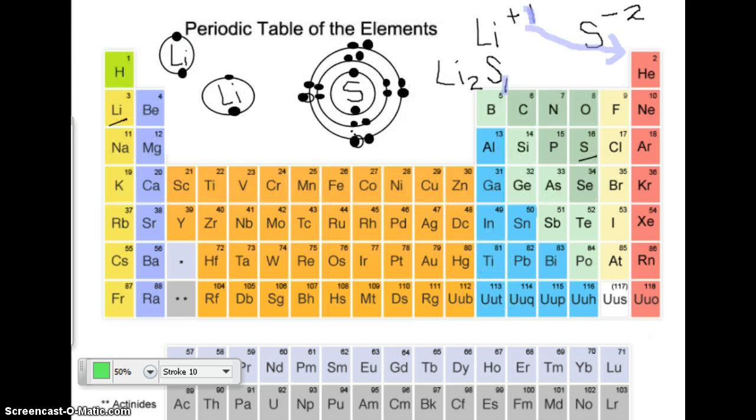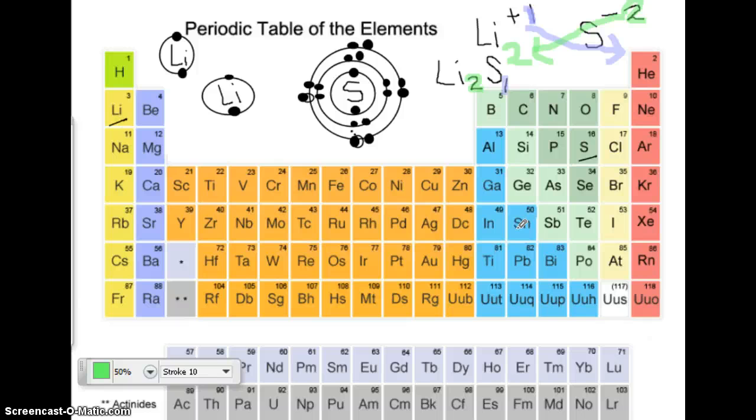Then we're going to look over here and say, well, it took 2 atoms of lithium. Where'd that 2 come from? Well, there was a -2 charge, and we're just going to write that 2 down there. So now it tells me that there's 2 atoms of lithium. It kind of looks like cross multiplying in math class. So that's all you have to do, and that explains why.